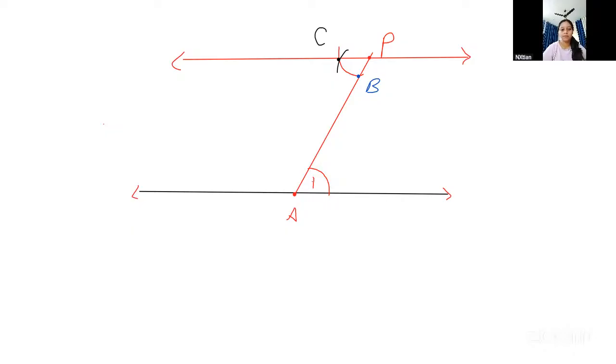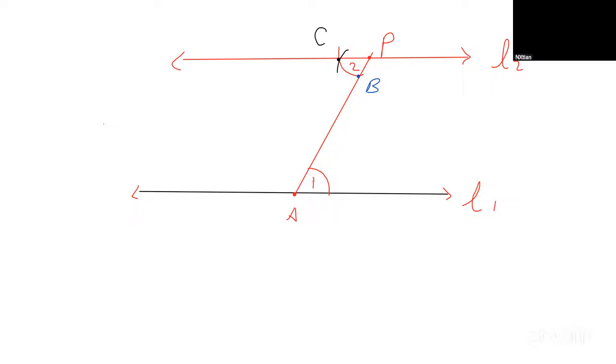This is your angle 2. And the measures of angle 1 and angle 2 are equal, and this was your L1. The line that you will join with is line 2, which is parallel to L1.